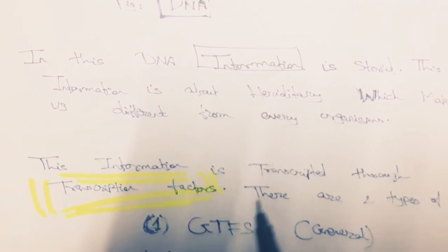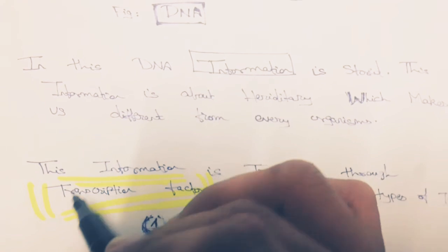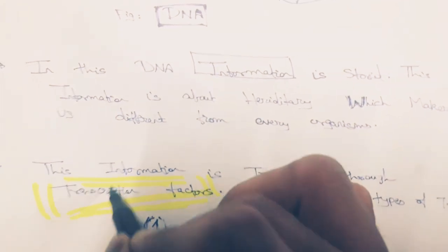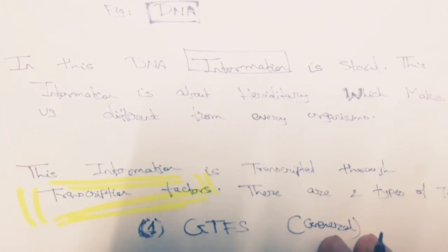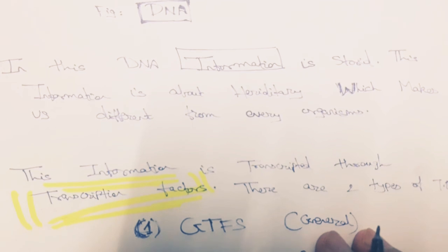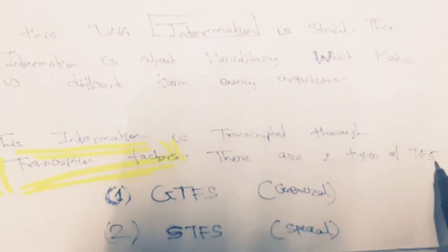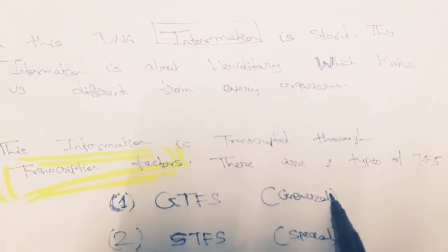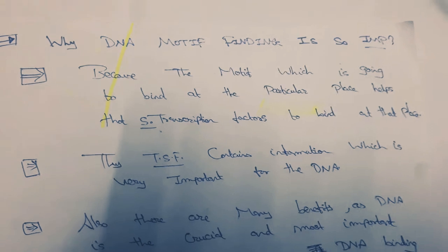This information is transcribed through transcription factors. Transcription factors are the main source of DNA information. Transcription factors bind on DNA, and that's why information is stored on DNA. There are two types of transcription factors: general transcription factors and special transcription factors.